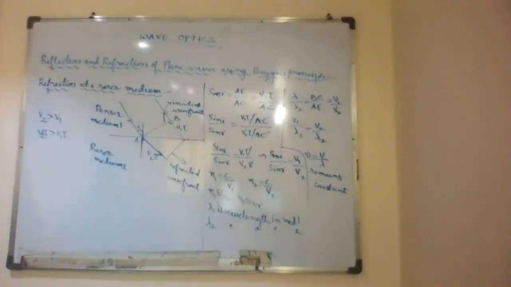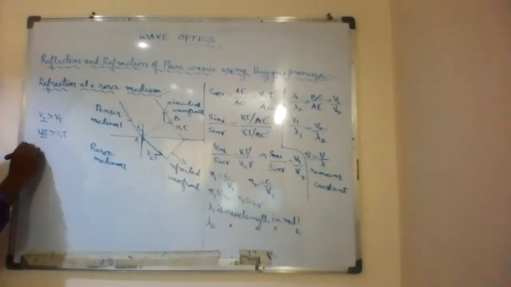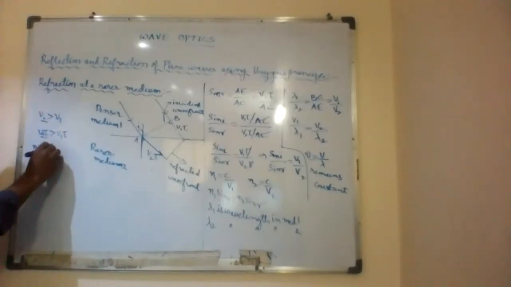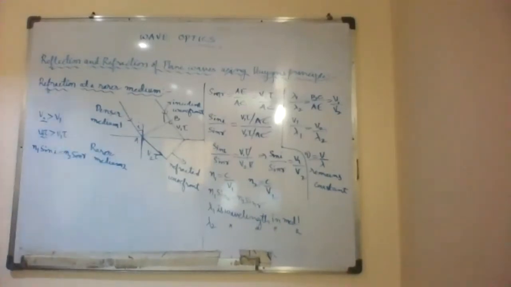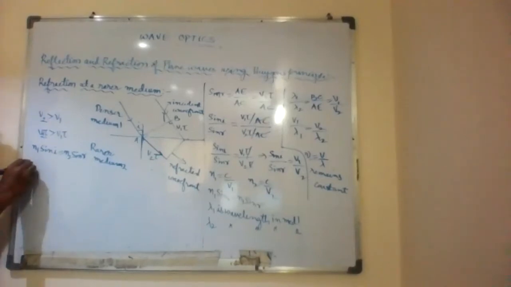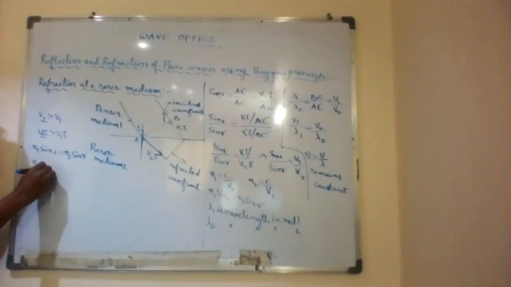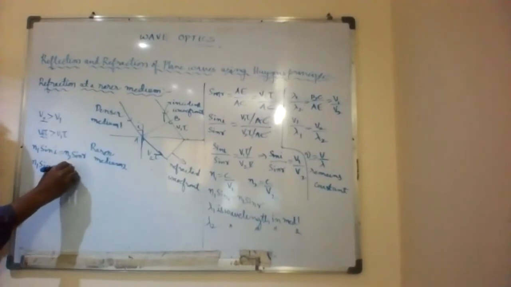Same thing we do, but we are not going to waste our time. Already we know that V1 is greater than V2, so N1 sin I is equal to N2 sin R. We get the concept of critical angle from here. So N1 sin C is equal to N2 sin 90.